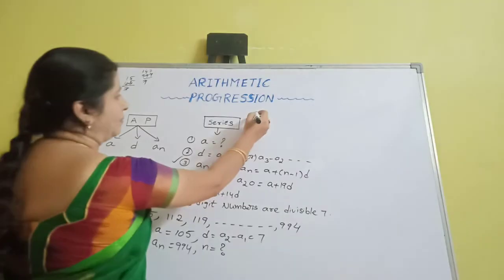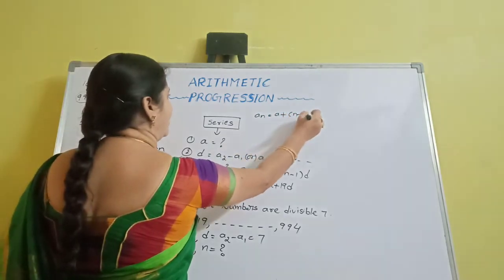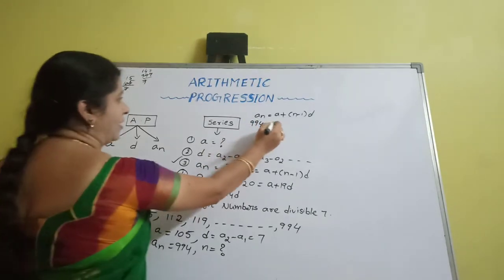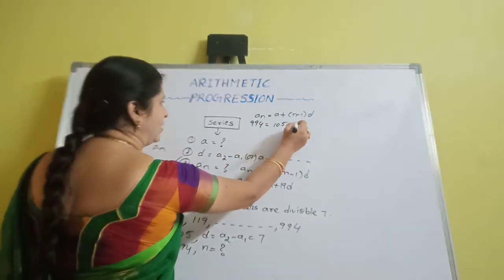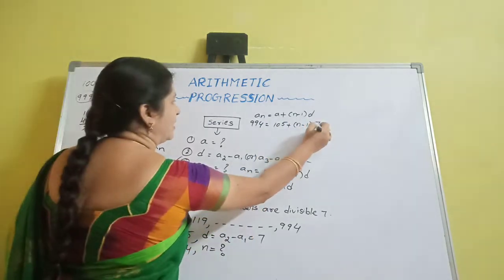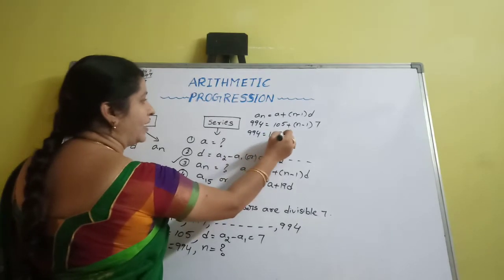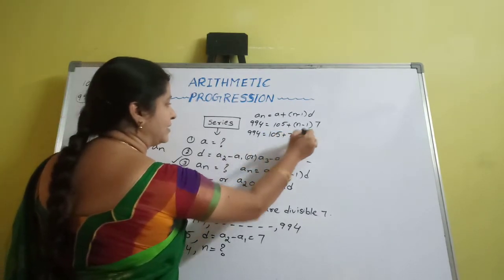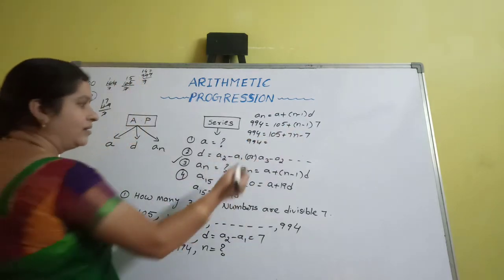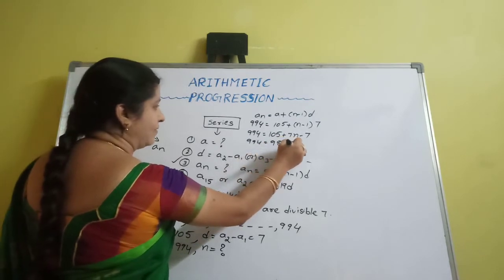Use the formula an equal to a plus n minus 1 into d. So an is 994, a value is 105, n is the variable, n minus 1 into d, d value 7. So 994 equal to 105 plus 7n minus 7. So 994 equal to 105 minus 7, that is 98, plus 7n.